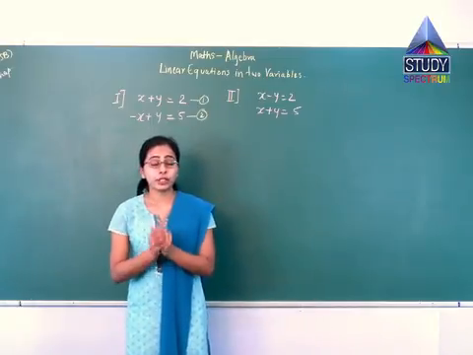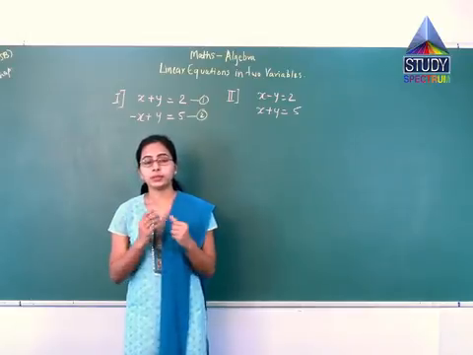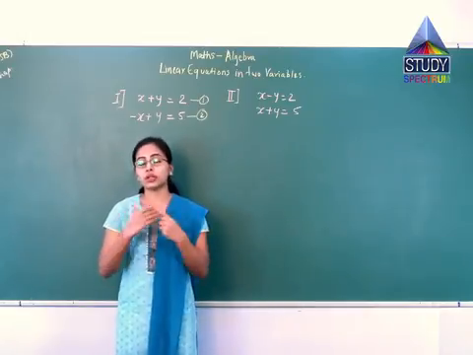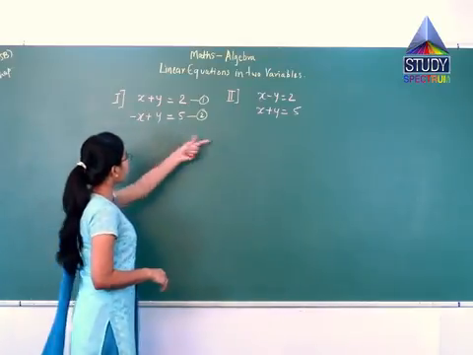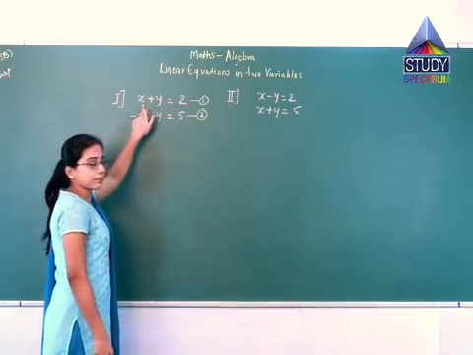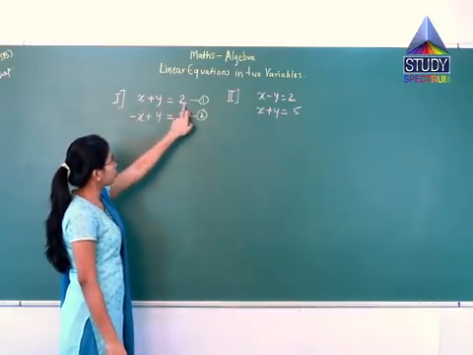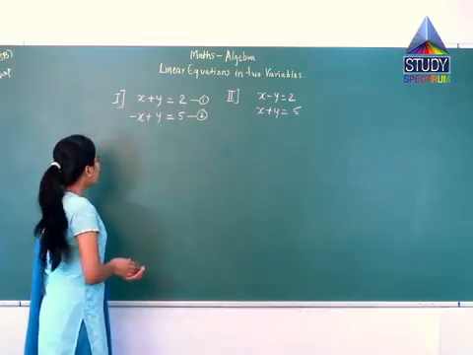Now here I will show you which things we should be careful about while solving linear equations. For your convenience, I have taken two examples here. You can see in the first example I have the equations x plus y is equal to 2 and minus x plus y is equal to 5.